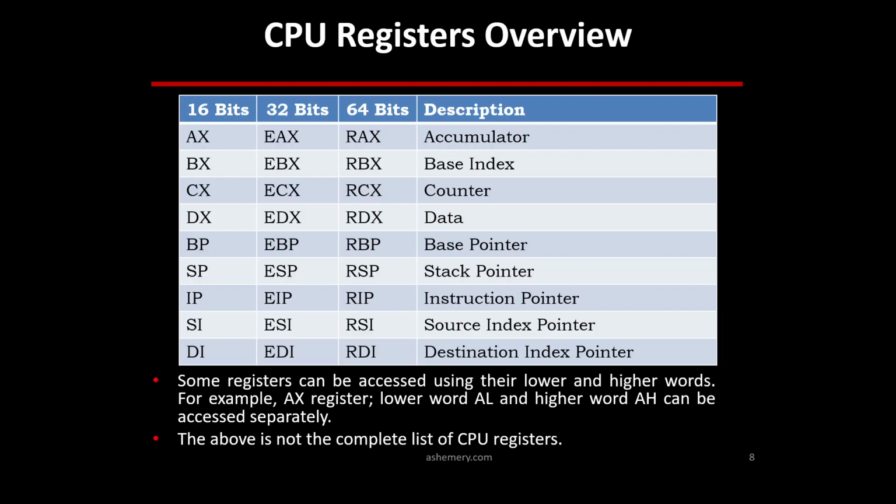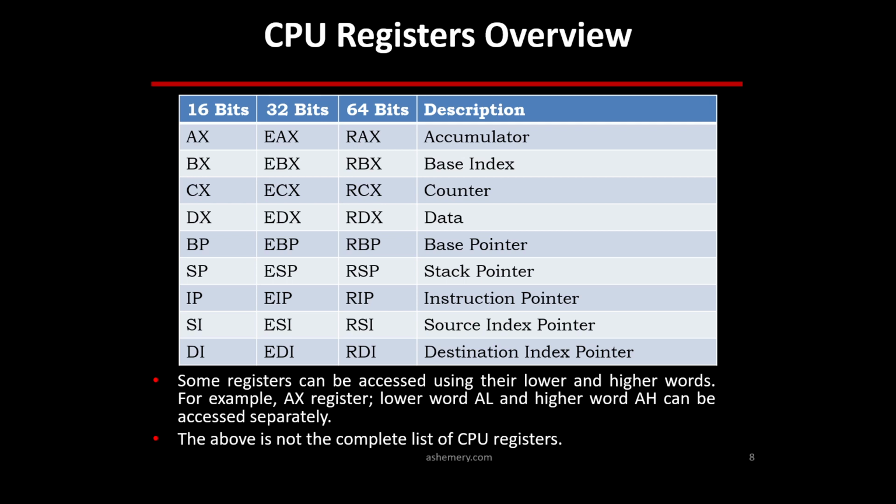CPU registers, just a quick overview. As you can see, we have the 16 bits, 32 bits, and 64 bits. Each one of them, like the AX, is the accumulator, but it could be used for something else. BX, base index, CX, counter, DX, data, BP or EBP, which we are going to focus on in 32 bits, is the extended base pointer.